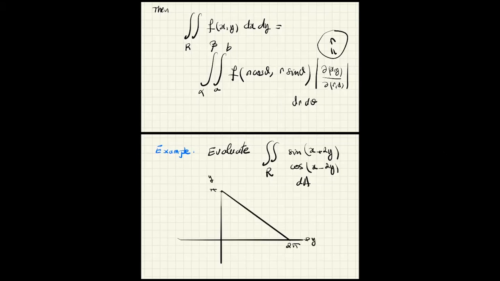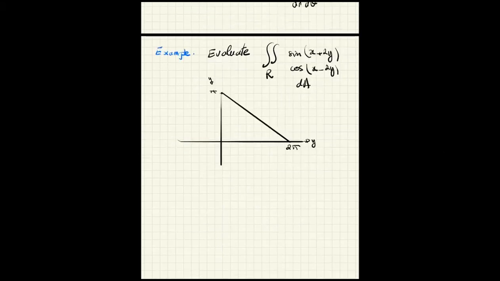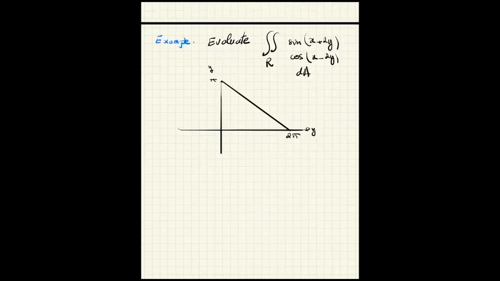The idea here is you're not going to be able to do it manually using x and y. It's not an easy function. So the idea is you need to change the variable, change of variables.